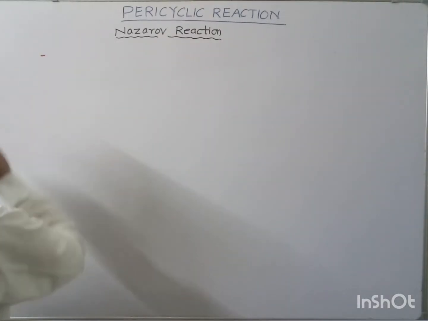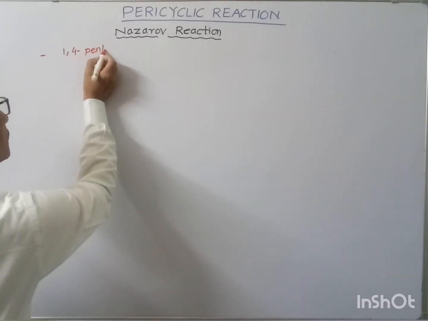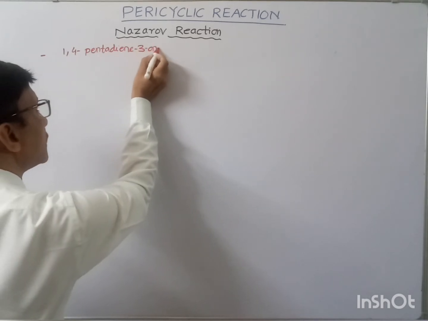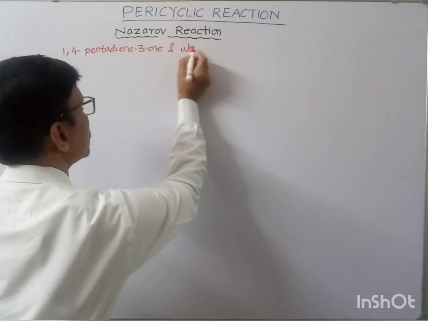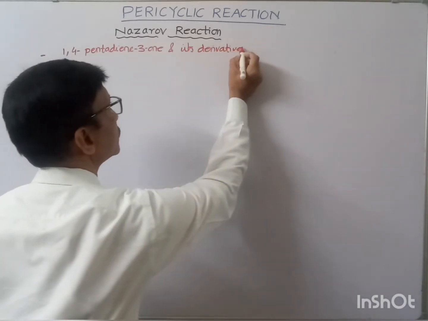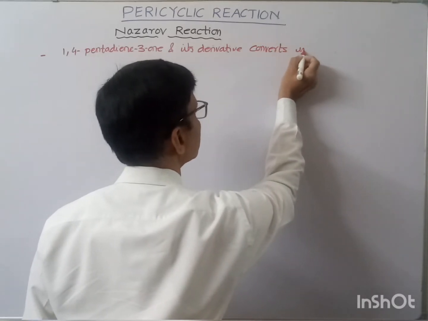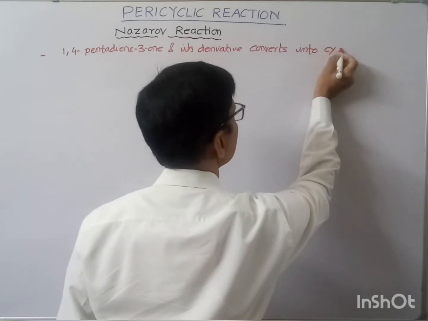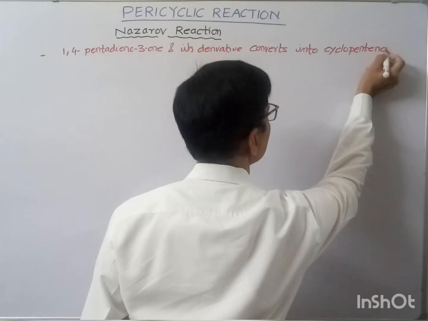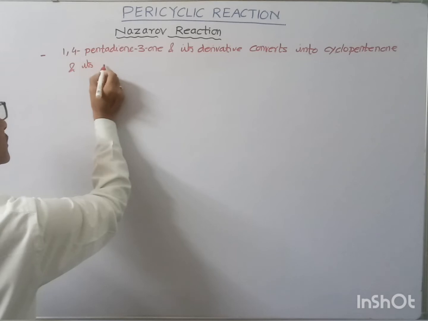Suppose here if we take 1,4-pentadiene-3-one and its derivative, then this converts into cyclopentenone and its derivatives.